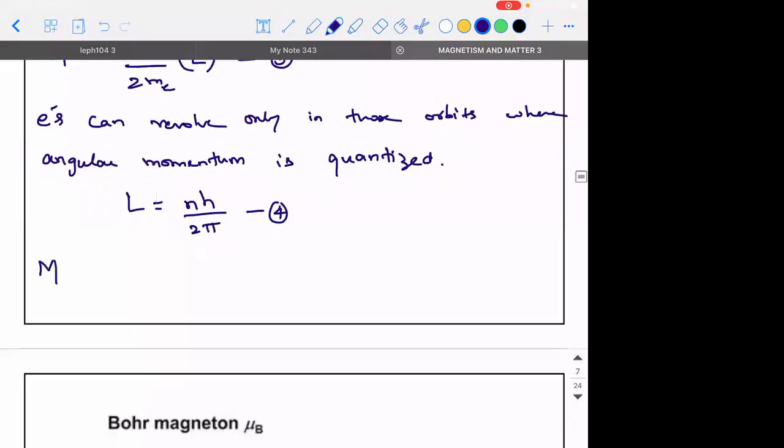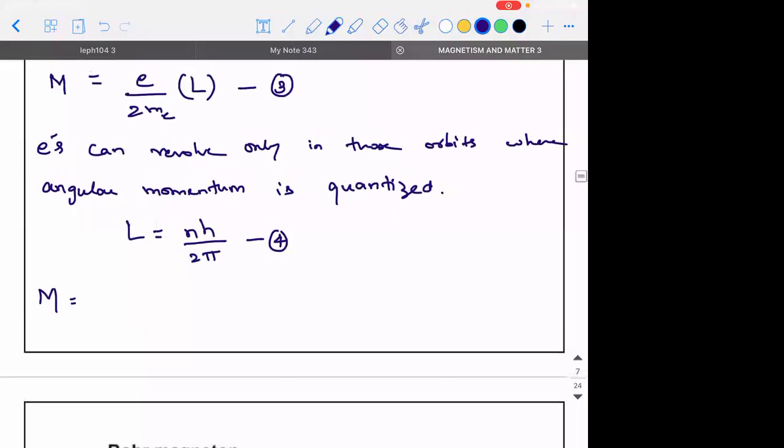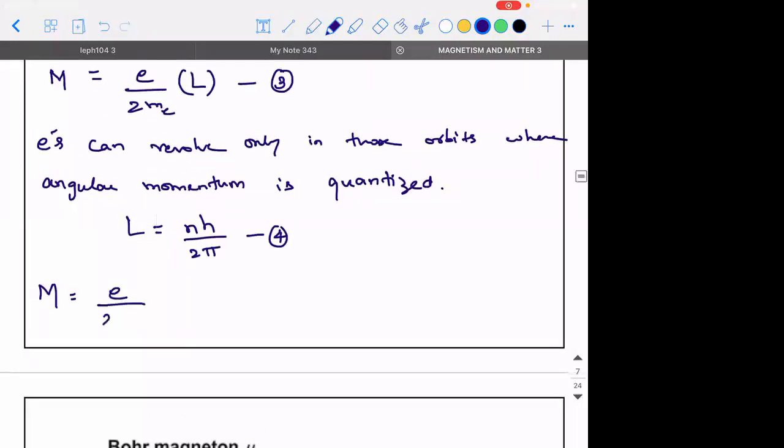So using 3 and 4, what do I get? M will be equal to E divided by 2 times ME into NH divided by 2 pi. So what do I get? N into H into E divided by 4 pi into mass of an electron is going to be the value of the magnetic dipole moment.